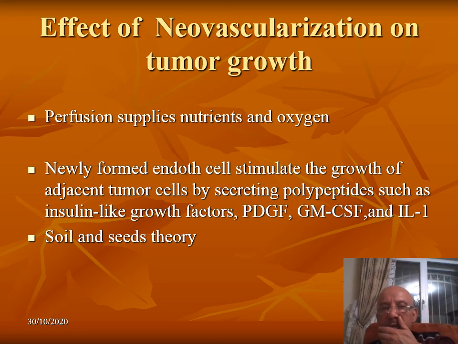Perfusion is very important to supply the tumor with nutrients and oxygen. Some of the cells can survive if they are 1 or 2 millimeters in diameter.